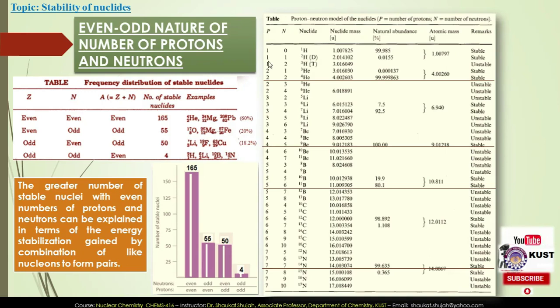In this table, the proton number and the neutron number of various nuclides are provided, along with the information whether they are stable or unstable.